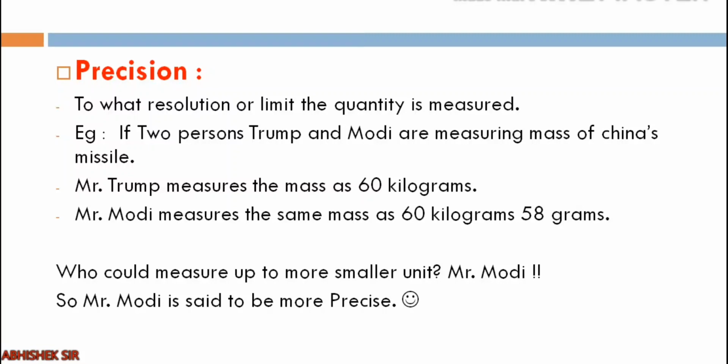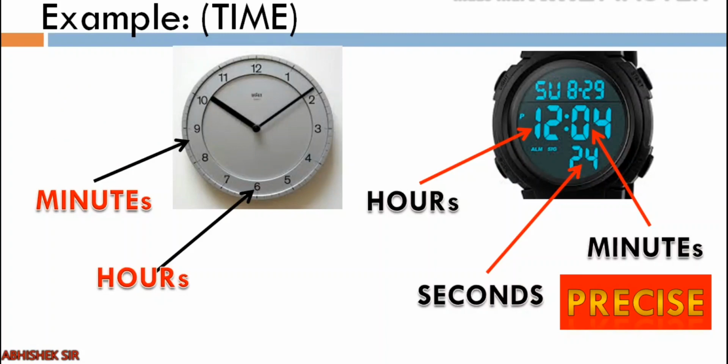Now, jokes apart, I hope you have understood that if you can measure up to a smaller unit, you are said to be more precise. Now let us see another example of precision. On the screen you see there is a clock on the left hand side which can measure hours and minutes. So the minimum measurement that it can do for time is in minutes. Clear?